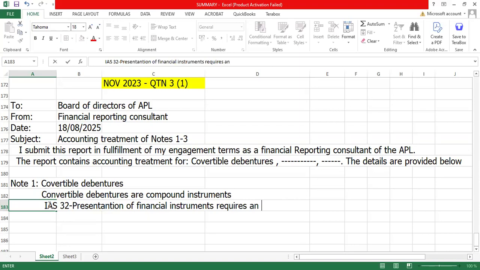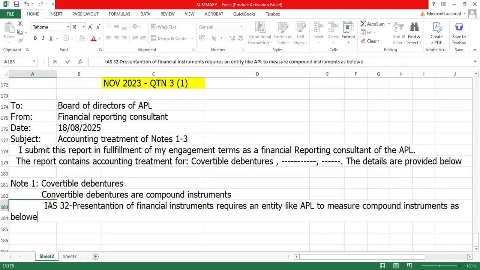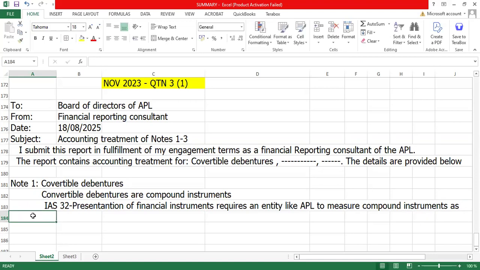It requires an entity like the APL to measure compound instruments as below.